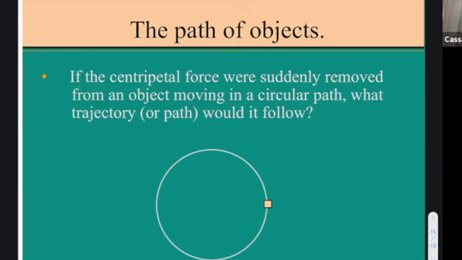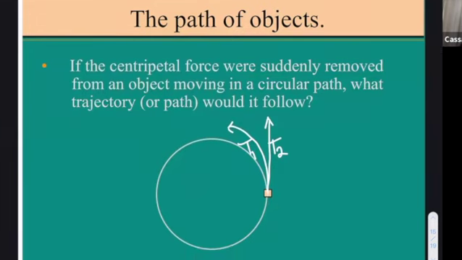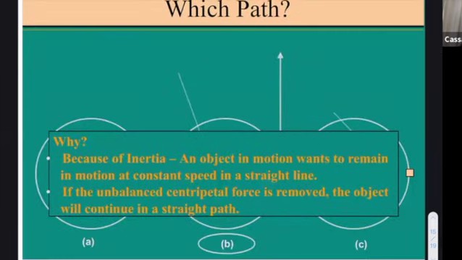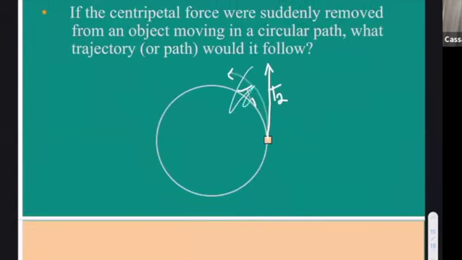So basically, let me draw some. Would it look like this? Let's call that T1. Or would it look like this? Let's call that T2. Or maybe it would look like this, T3, just to give 3 options. So the correct answer is it would take trajectory 2.